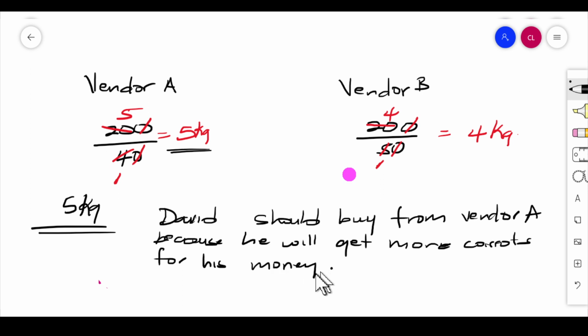And more carrots would mean more carrot juice for the barbecue. So that's question 1. Let's go over now to question 2.